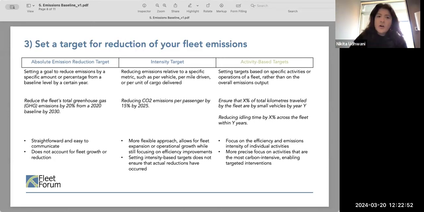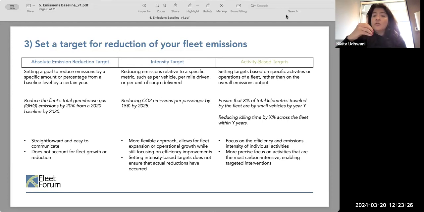Another approach to contrast it with is an intensity target. This is about reducing your emissions relative to a specific metric. It can be per vehicle, per kilometer driven, per unit of cargo, or more importantly, and this is one we want to encourage you more and more to think about, for example, you can set a target saying, I'm going to reduce my CO2 emissions per passenger by 15%. This one is a bit in contrast to the previous approach in that it's more flexible.